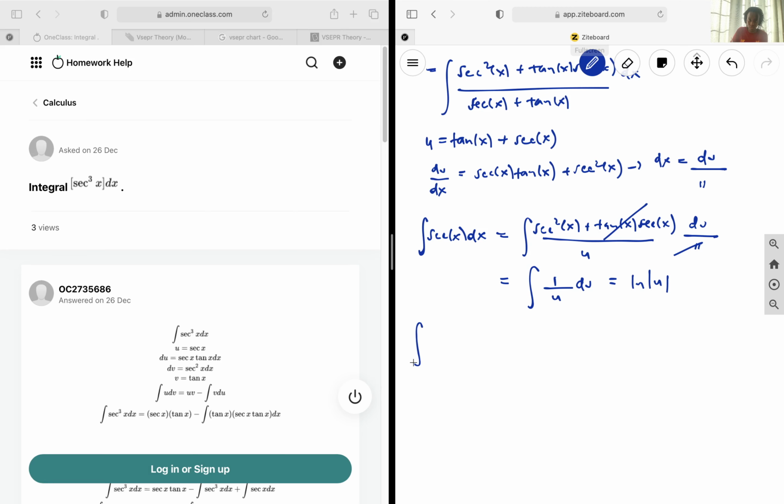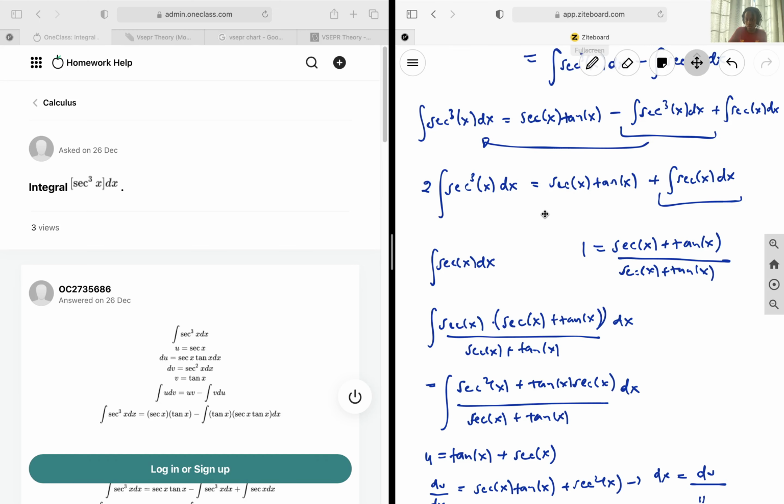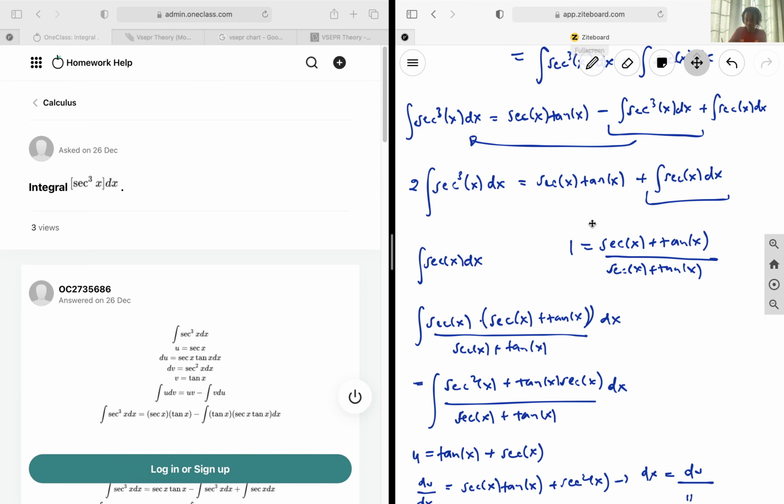And so we know that the integral of secant x dx is going to be ln of the magnitude of tan x plus secant x. Okay, and so now we put all of that back into what we have here.